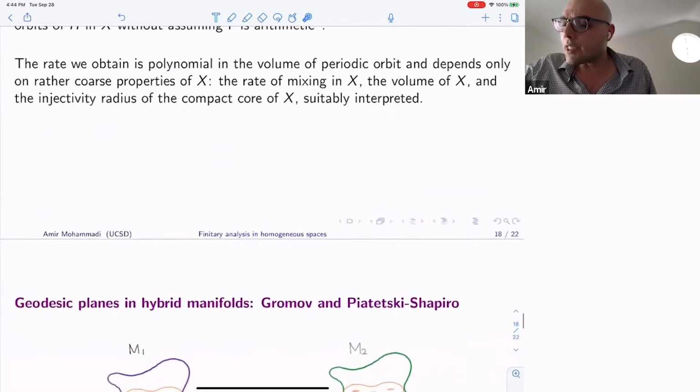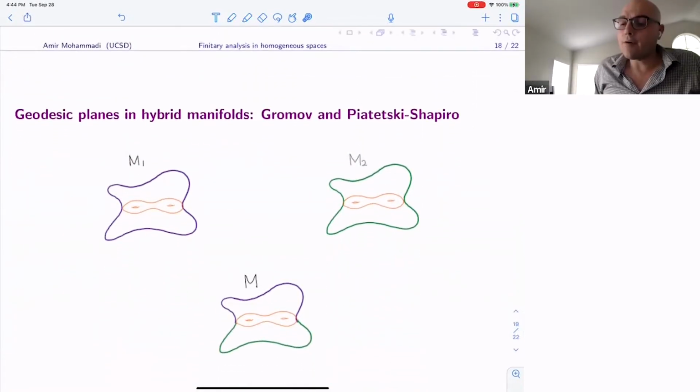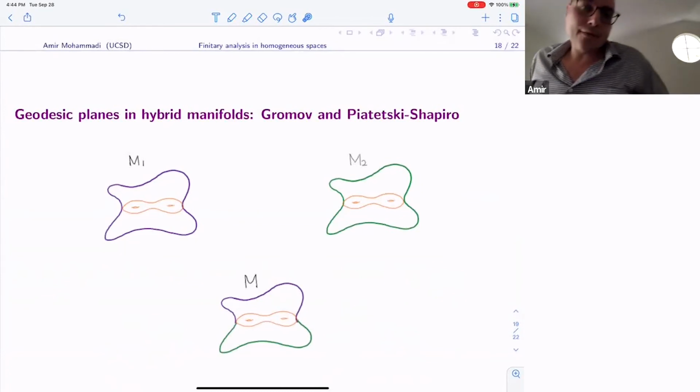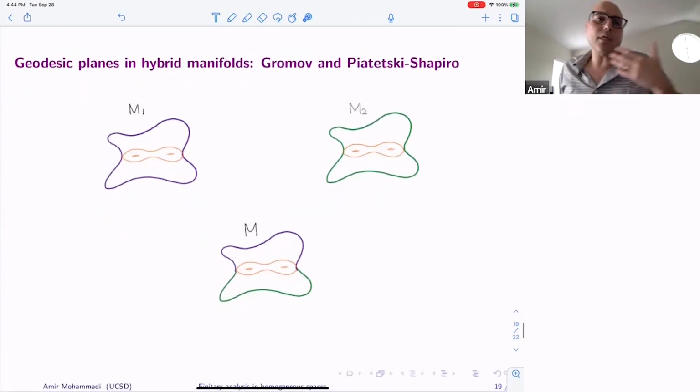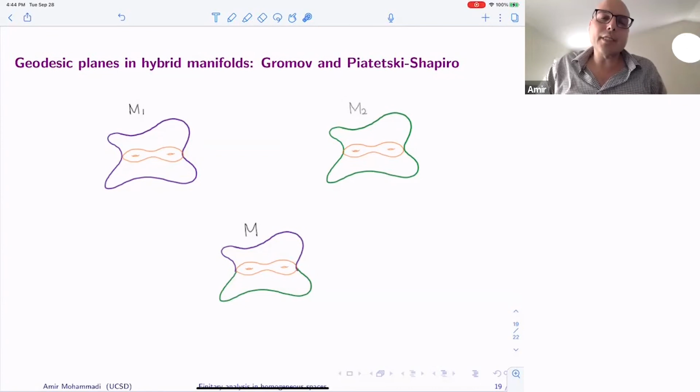This has application to some finiteness theorem in the case of hyperbolic manifolds. So there are these hyperbolic manifolds in every dimension, but I am interested in dimension 3, constructed by Gromov and Piatetski-Shapiro. These are these hybrid manifolds. So of course, there is Margulis's arithmeticity theorem that tells you if you give me SL_n(R) with n bigger than 2, then every lattice is arithmetic.